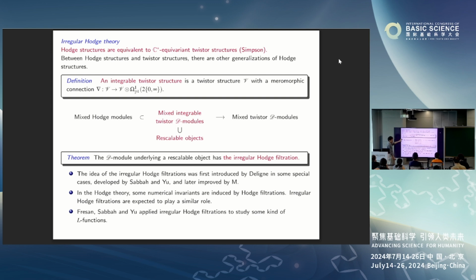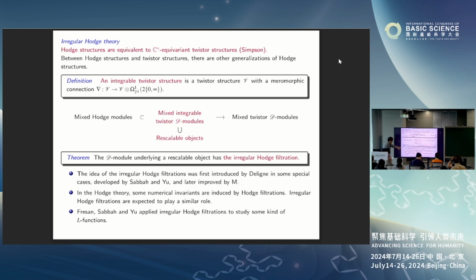One of the most important is an integrable twistor structure, which is a twistor structure equipped with a meromorphic connection of pole order 2 at 0 and infinity. Then we have the corresponding theory of mixed integrable twistor D-modules. And there is a full subcategory of rescalable objects. And then it turned out the D-module underlying a rescalable object has the irregular Hodge filtration. I mean, rescalable objects are not necessarily regular singular, but they have some filtration with nice properties.